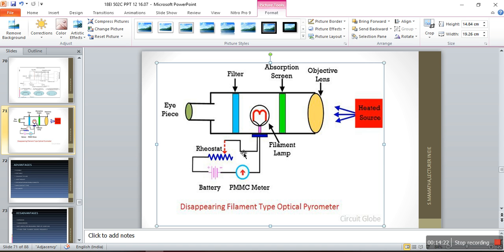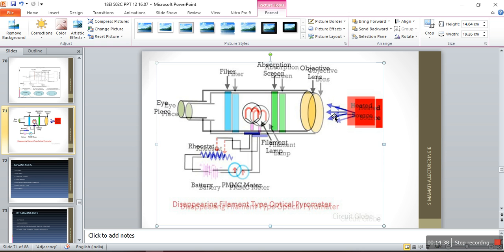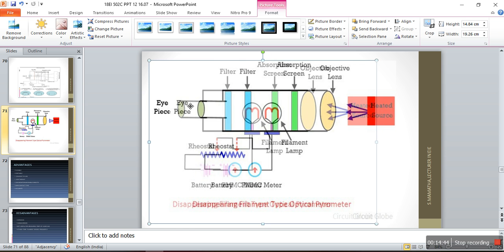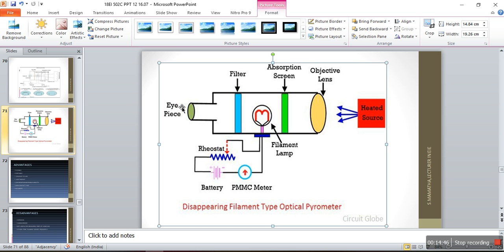When the current flowing through the rheostat gives a brightness of the filament equivalent to the radiation emitted by the heated source, at that time, if we watch from the eye side, no filament will appear.